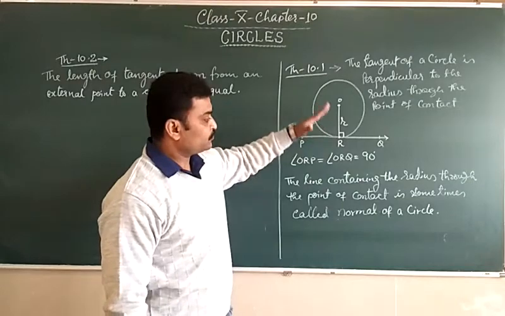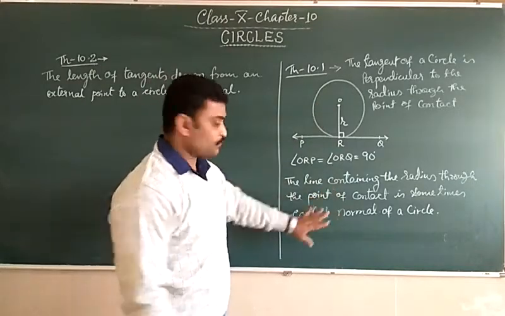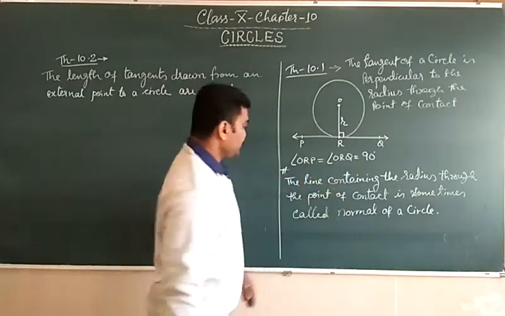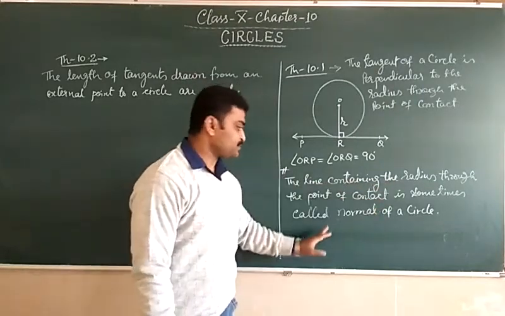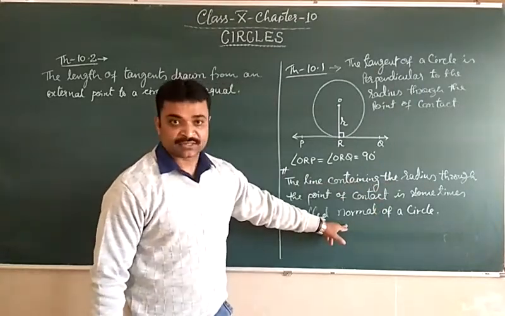From this theorem, we can conclude that the line containing the radius through the point of contact is sometimes called the normal of the circle.